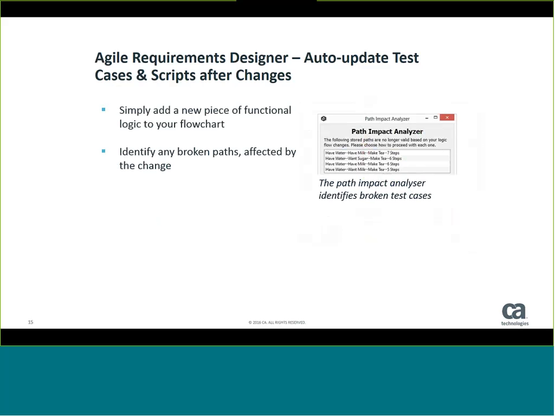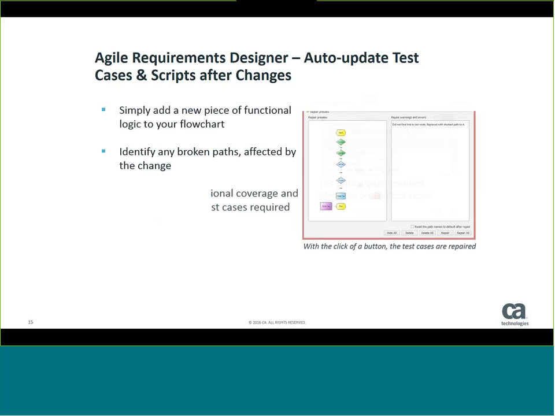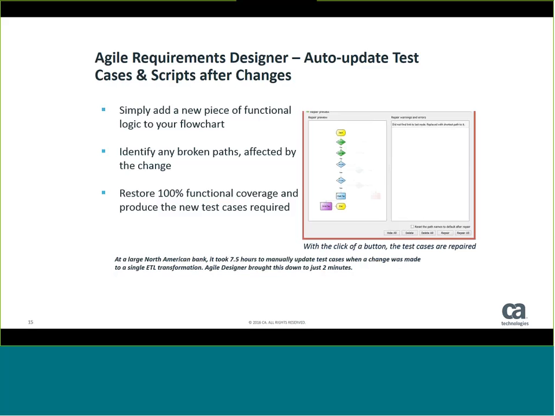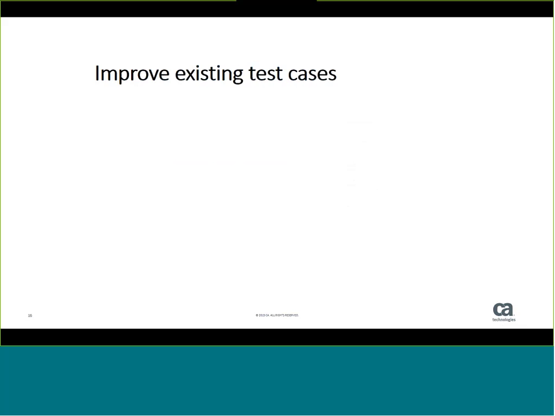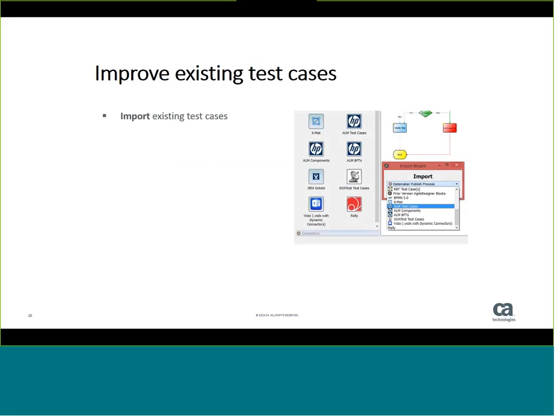Here is the impact analysis, so you can see exactly how that model is going to affect you. You can repair test cases if you need to improve them, or you can add a new piece of functional data and see how a test case is added and improve that. You can also improve existing test cases because you can import them as they reside in HP ALM.